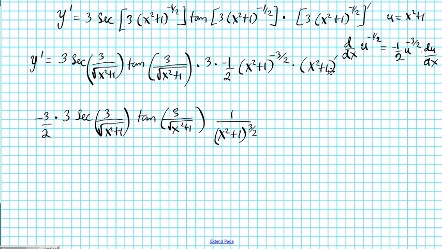Now the derivative of this is just simply use the power rule for the x squared, which is 2x, and the constant rule for 1 is 0. Okay? So if I want to write this whole thing together, note that this 2 and this 2 cancel out right there. So I can write this entire derivative.